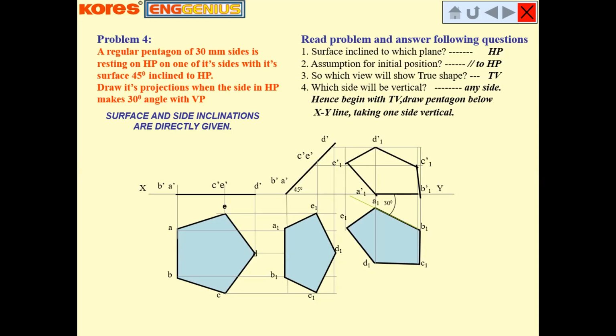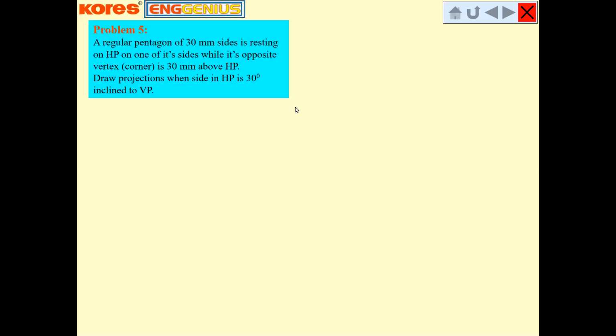Fine, so I hope you have completed the drawing now. Let us continue with the next problem. In the previous problem, you were having the size of the pentagon, the surface inclination and the side or edge inclination.